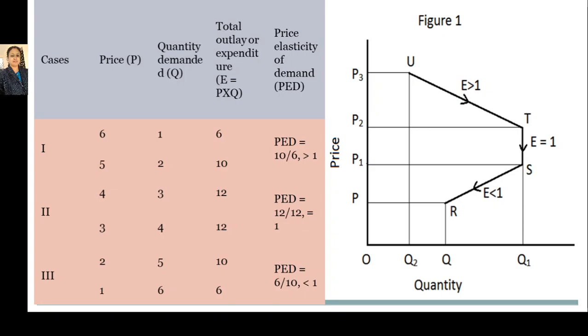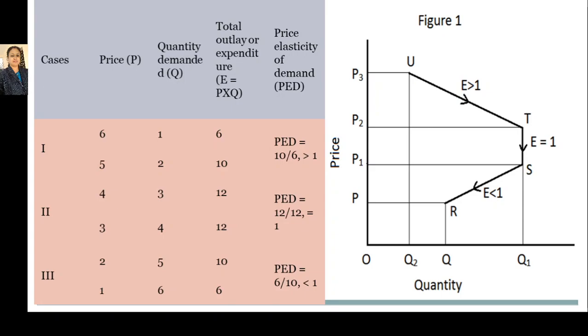Now, in the third situation, when price is equal to 2 and quantity demanded is 5, then total expenditure is 10. When price falls from 2 to 1, quantity demanded also rises from 5 to 6, and the total expenditure in the second situation is 6 into 1, that is 6.